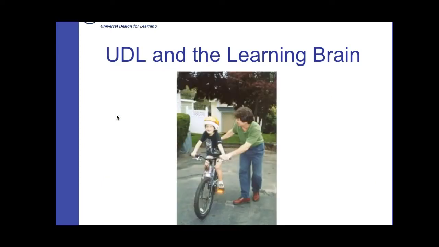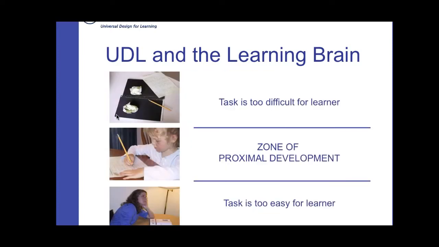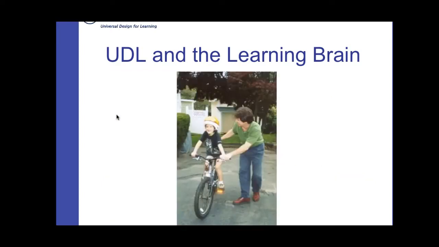What UDL says is we have ways to promote this zone of proximal development so that the task isn't too difficult, or the task can be expanded to challenge the learner who finds that it's too easy.